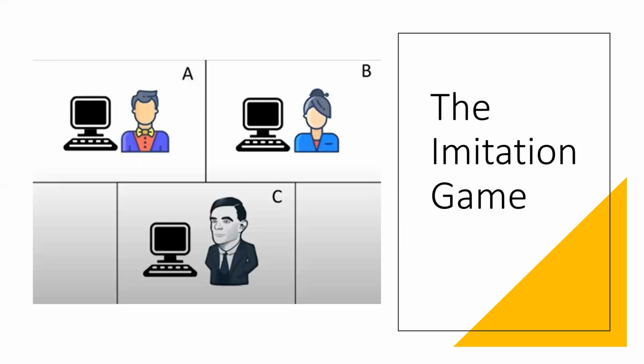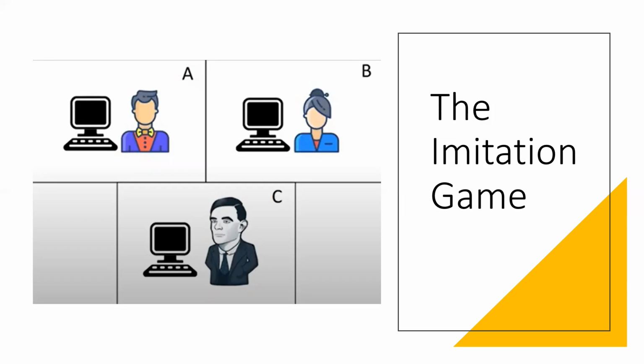Talking about the imitation game or Turing test, it is played with three people: a man A, a woman B, and an interrogator C, who may be of either sex. The interrogator stays in a separate room apart from the two.